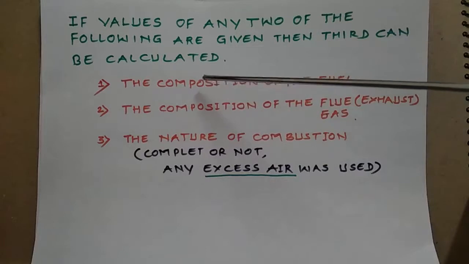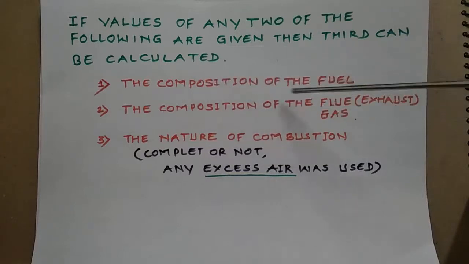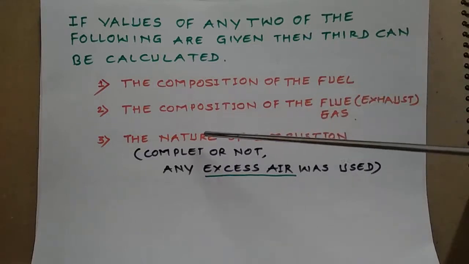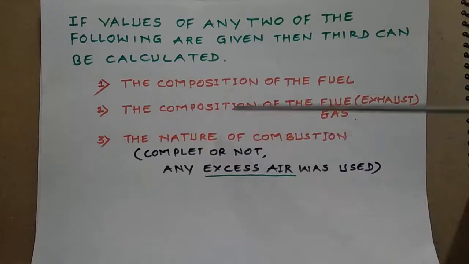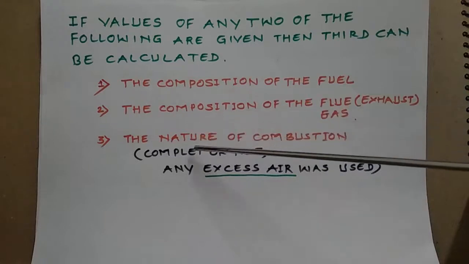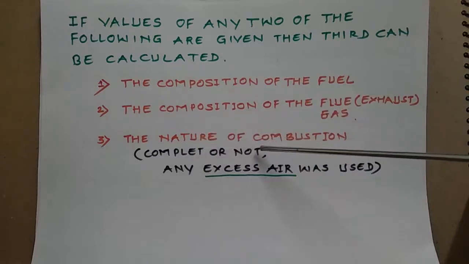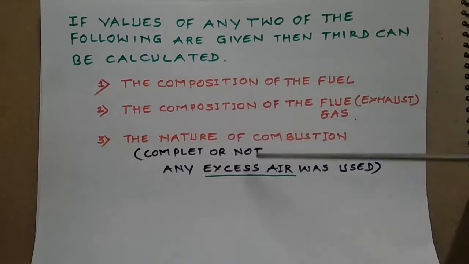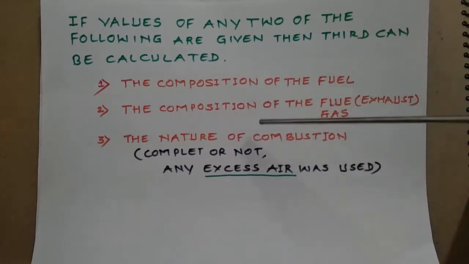Like the composition of the fuel, the composition of flue, meaning exhaust gases, and the nature of combustion, meaning whether the fuel burned completely or not, or whether any excess air was used during the burning. So if we know two values out of these three, the third can be calculated. Okay, so this is the first point.